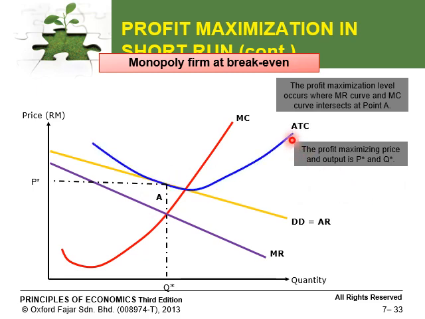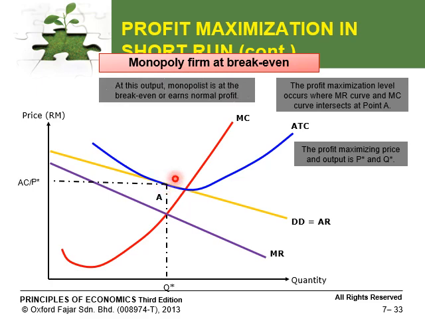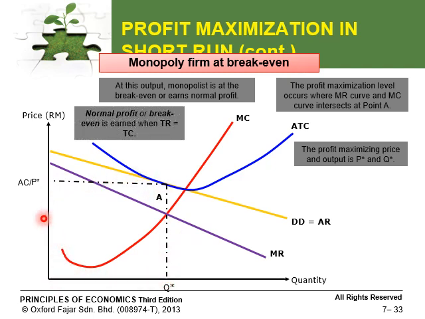Then the minimum average total cost point intersects with the average revenue point over here. So basically, the total revenue gained by the firm in the short term is similar to the total cost incurred by the firm in the monopoly market.